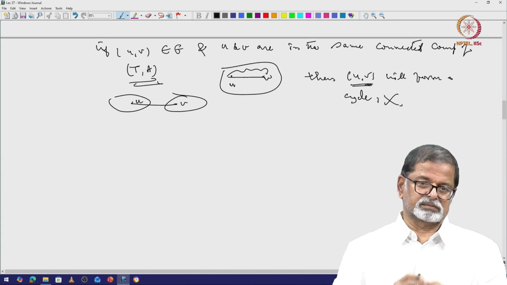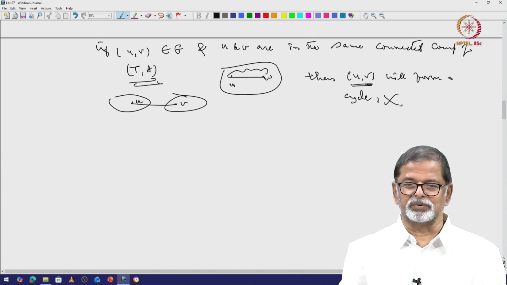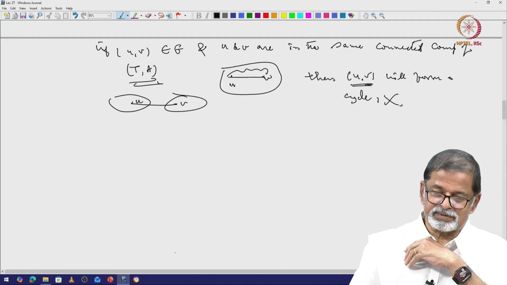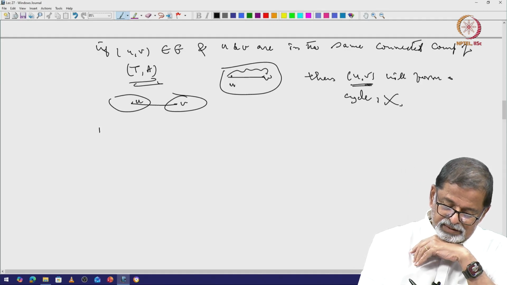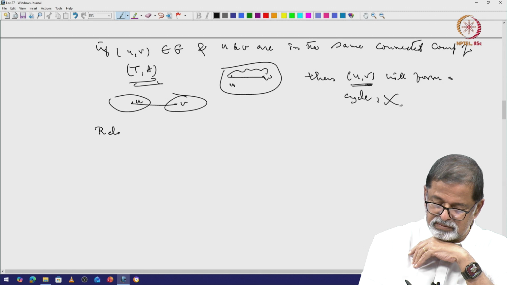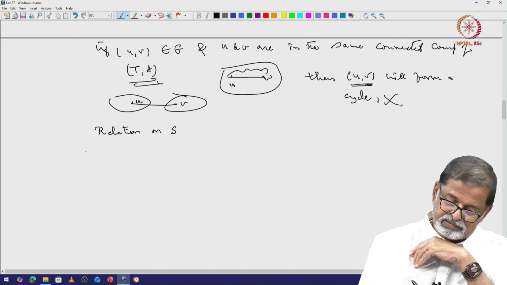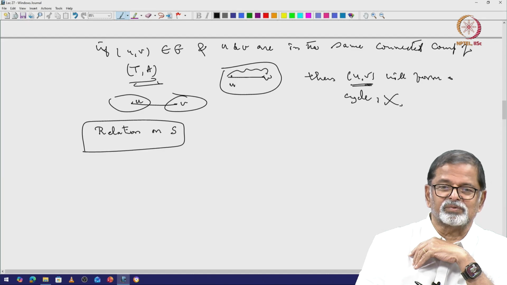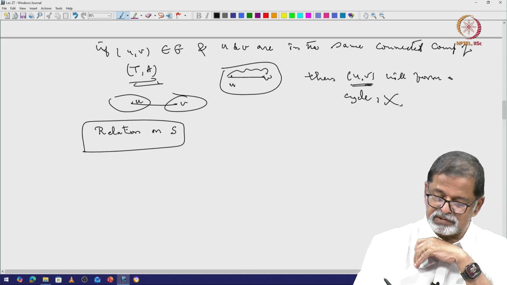Let us put that in a little more formal way. Probably you can recall from your discrete math course, a relation on a set S. What is a relation on a set S?